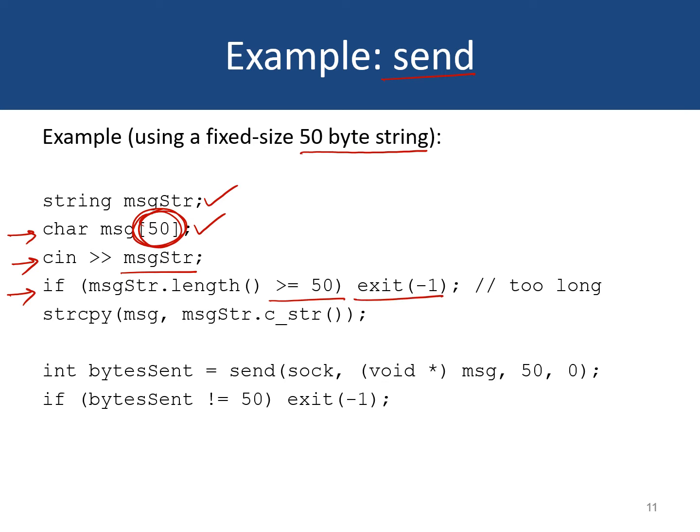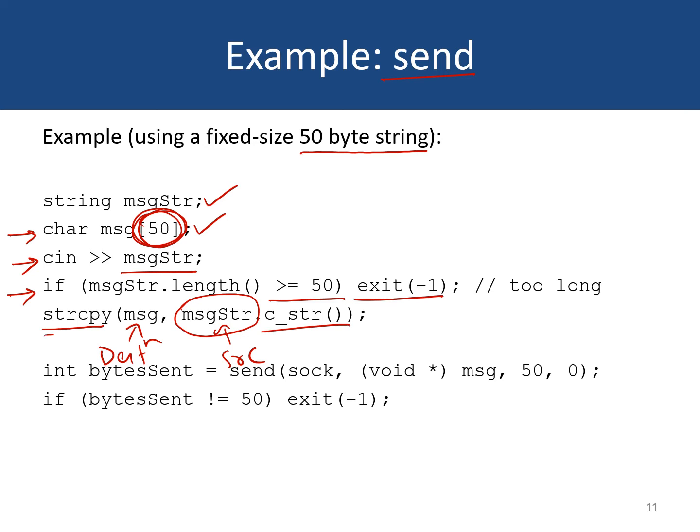Let's assume there is no such error and the string is of the expected size. Next, we copy the string entered by the user into our character buffer using the strcpy function. Note that this is the destination and this is the source. Note that this msg_str, this message string, is a string data type, and that is why we are using this c_str function.